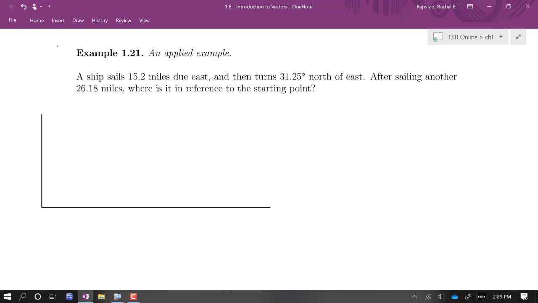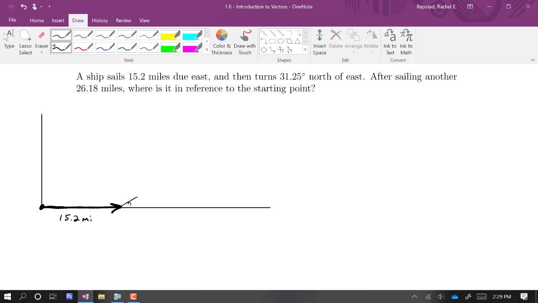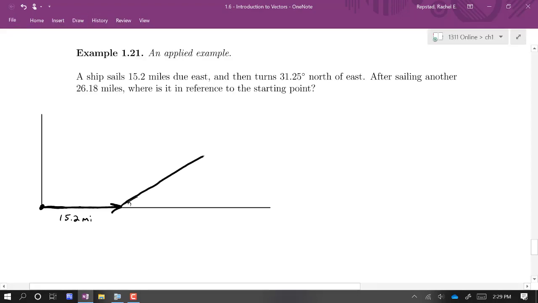First it goes 15.2 miles due east, so if this is the starting point at the origin, 15.2 miles due east. Then it turns 31.25 degrees north of east, so maybe about that angle right there, and goes another 26.18 miles.